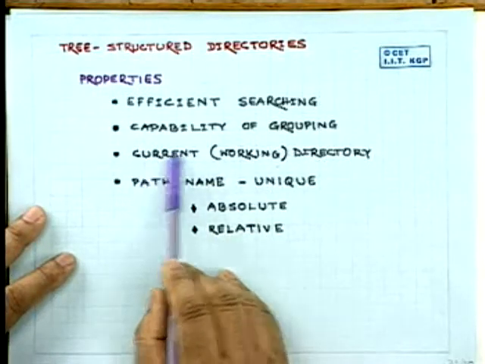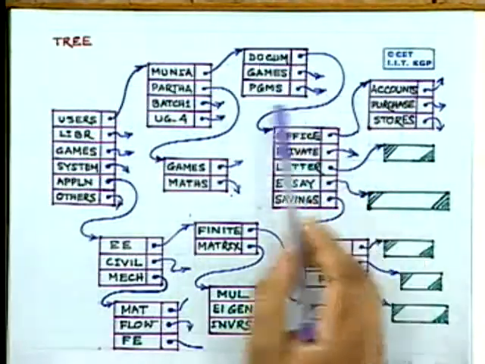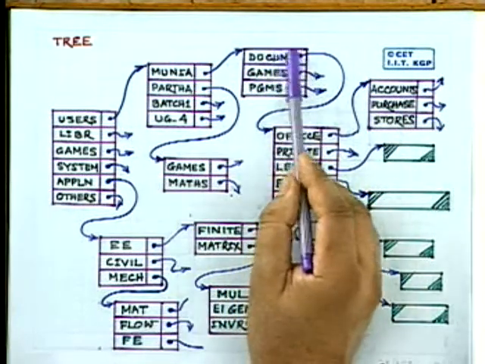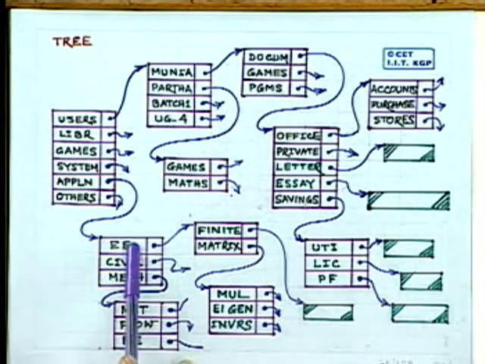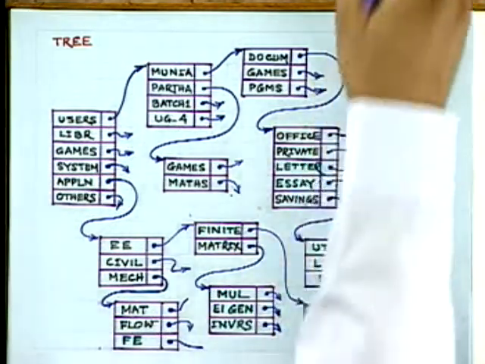Now we can also, as I said, specify a current or working directory, or present working directory, to be this one. So, for example, for applications under electrical engineering, we may specify the current working directory to be this one, and so on, right?